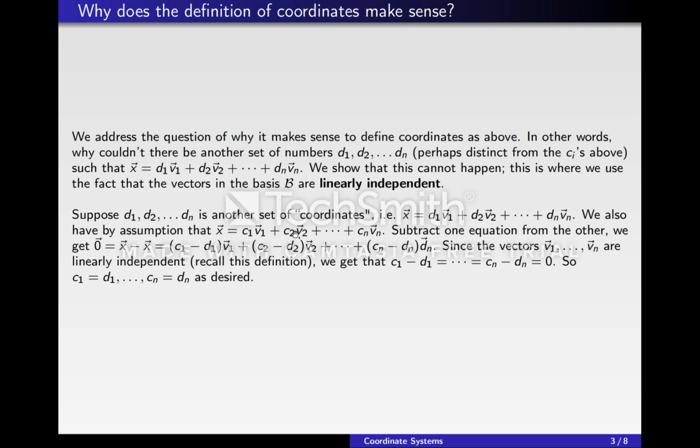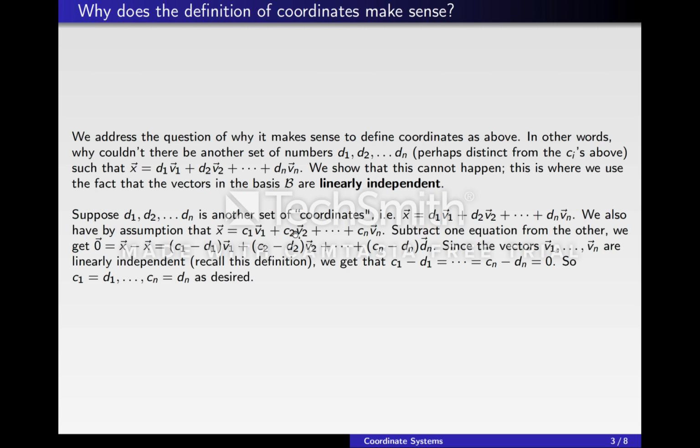So x equals d1v1 plus dot dot dnvn. And we also know that x equals c1v1 plus c2v2 plus dot dot cnvn from our definition of the coordinates of x relative to B.